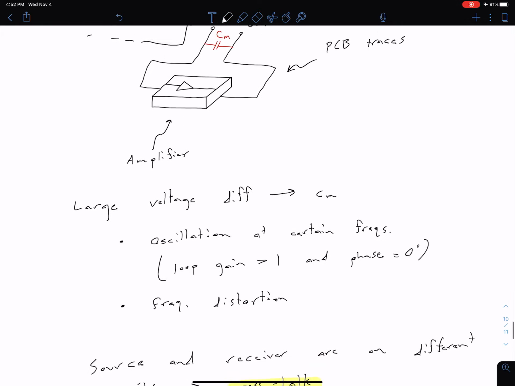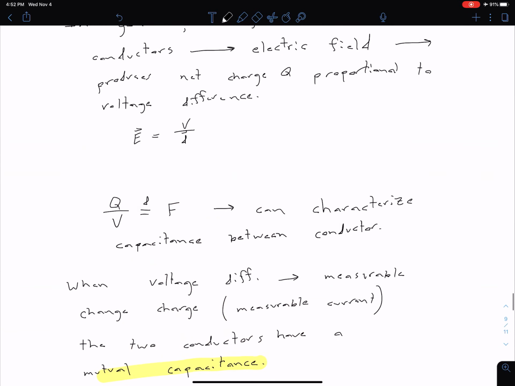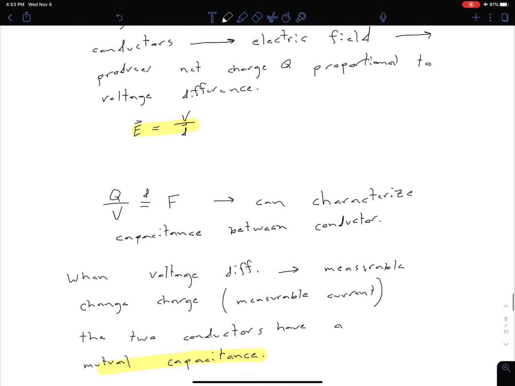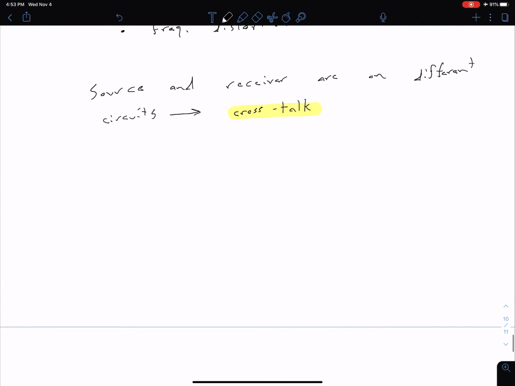So if we think about ways to avoid this, going back to this basic equation for the case of a uniform electric field, we can see that if we increase this distance, we're going to be decreasing the magnitude of our electric field. So one design solution to prevent this is to physically separate the devices.